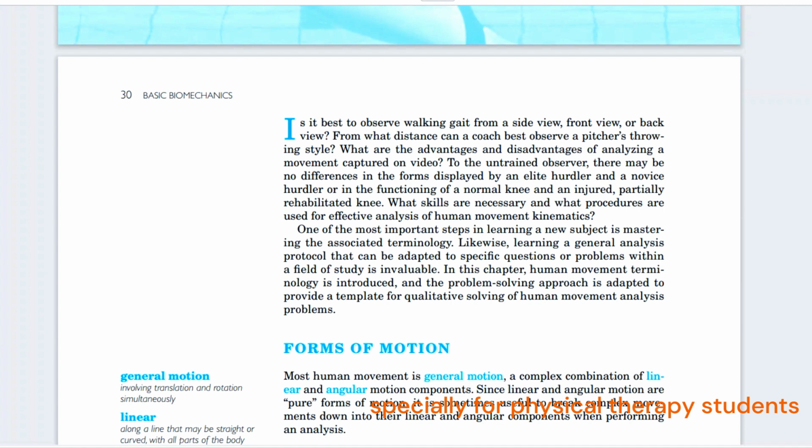That means that if you consider yourself an untrained observer, you may struggle to differentiate an elite, professional athlete from a novice, that is, a new athlete. A hurdler is in a race that includes hurdles in between.